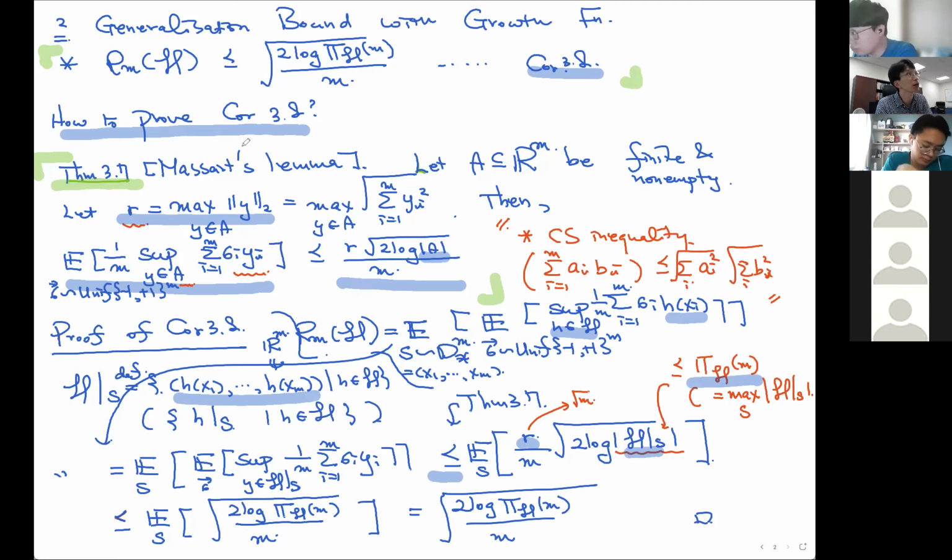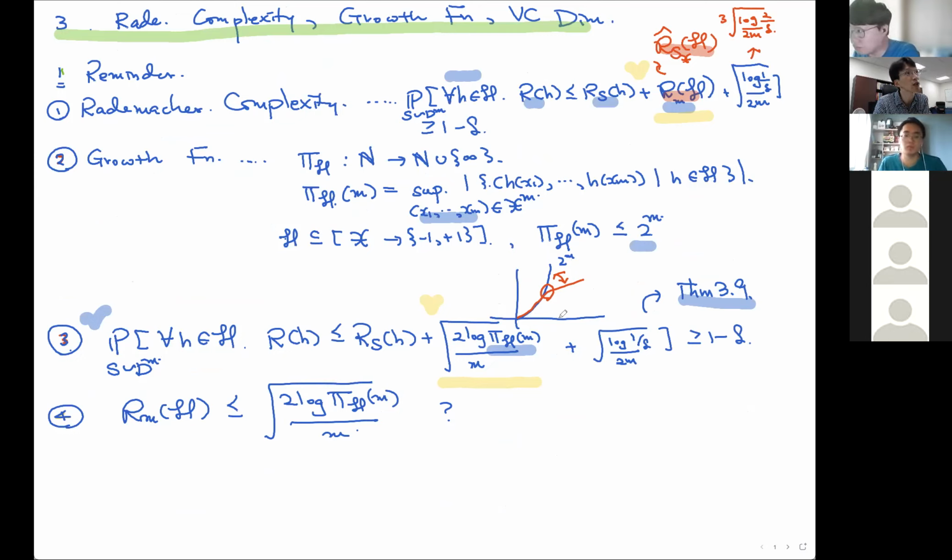If it grows slower than the exponential function, then we will have a tighter generalization bound. And this slower growth really indicates our hypothesis class is limited. We cannot express too many things using our hypothesis class.